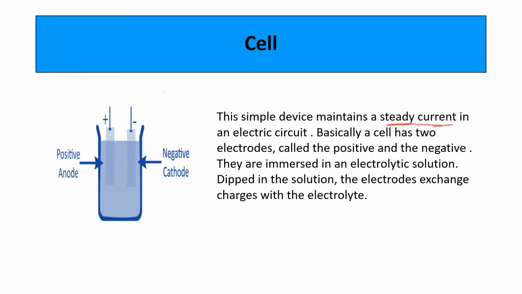Basically, it has two electrodes. One is positive and the other is negative. This is the positive electrode and this is the negative electrode and they are dipped in the electrolytic solution. Dipped in the solution, these electrodes will exchange charges with the electrolyte. Chemical energy in the cell is being converted into electrical energy.